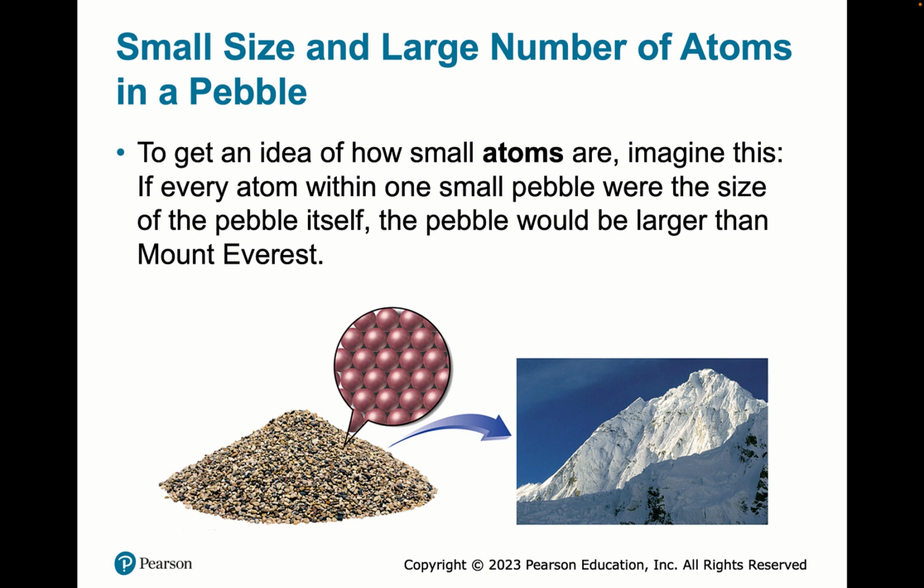To give you an idea, if every atom in a small pebble were the size of the pebble itself, this pebble would be larger than Mount Everest, the tallest mountain in terms of altitude in the world right now.